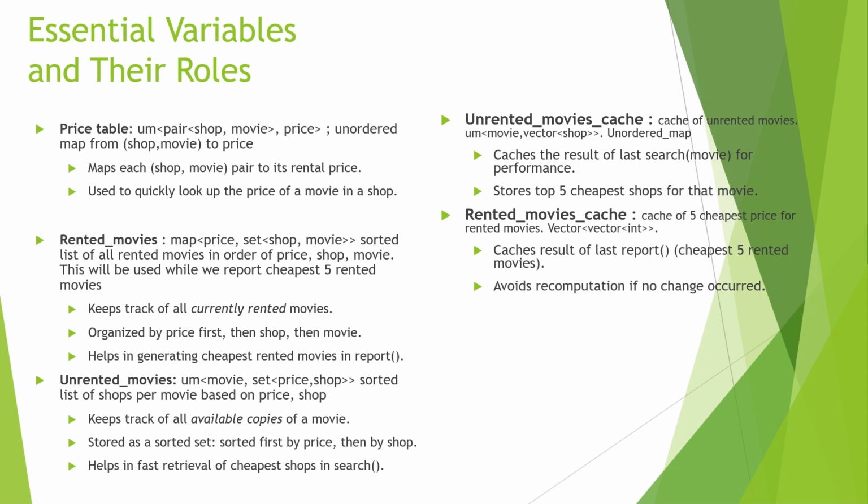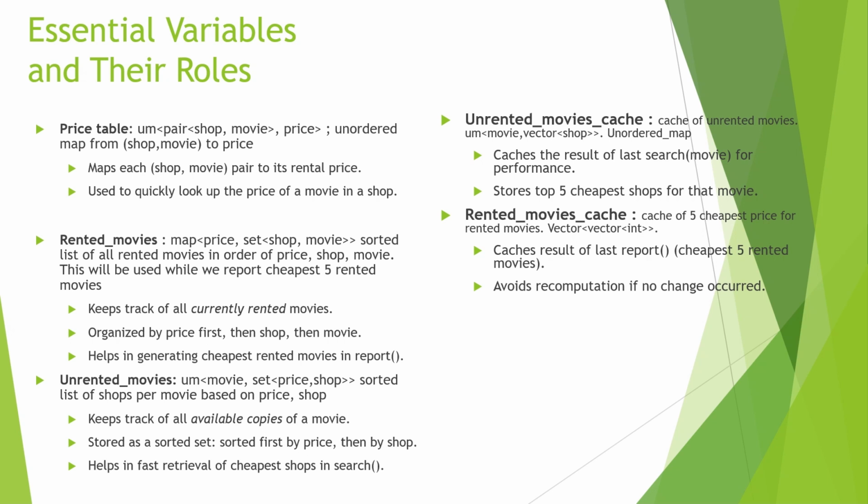sorted on price, we will keep an unordered map. The unordered map would be from a movie to a particular shop with a given price. And since the return value would be sorted based on price, the value of the unordered map would be a set, and that set would be a pair of price and shop.